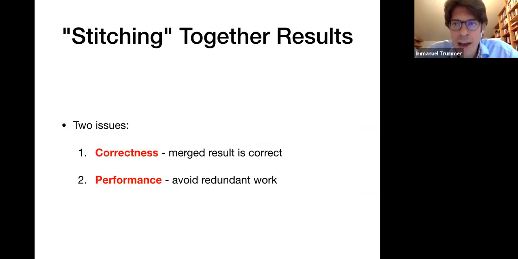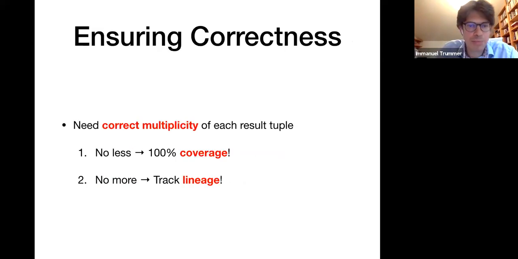Our final query result might be stitched together from result fragments that we generate in different episodes according to different join orders. So first of all, we want to make sure that the merged join result is correct. Also, we want to avoid redundant work across different join orders. So I'm going to discuss those 2 points in the following.